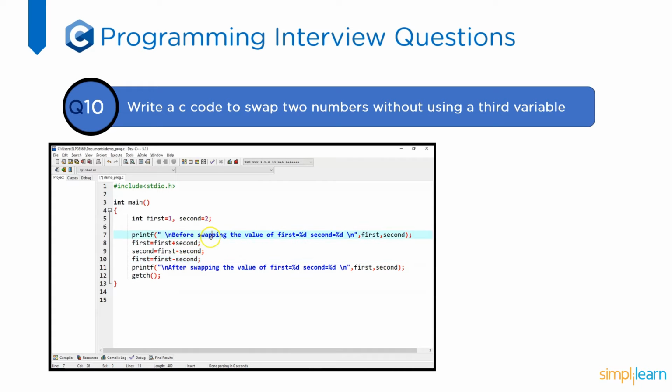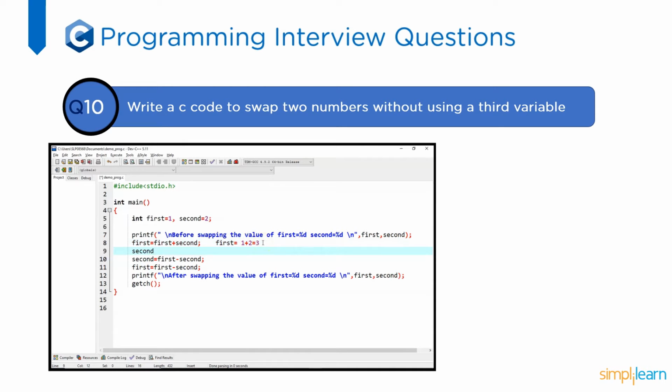So suppose let's consider first is equal to, so the first value is 1. So 1 plus 2 is equal to 3. Okay. So now the first variable is holding the value 3. Then coming to the second, here second is equal to first minus second.